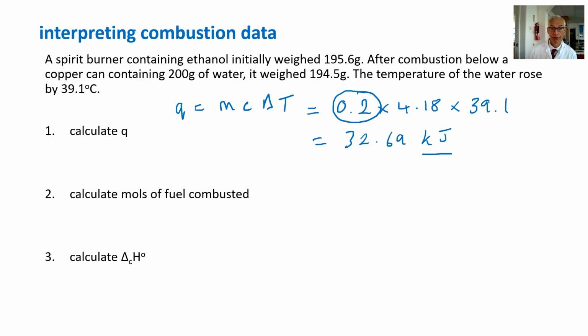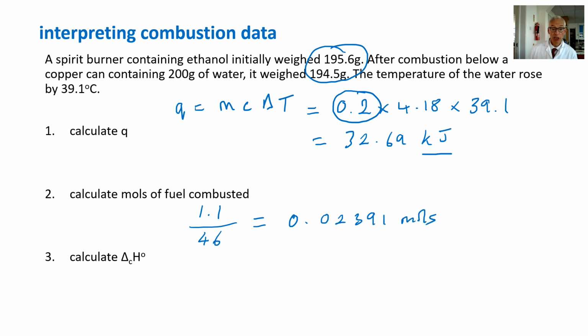Now the moles of fuel combusted, that's the difference between these two figures, 195.6 to 194.5. So that's 1.1 grams of ethanol, which we divide by 46, which is the molar mass of ethanol, and that comes out as 0.02391 moles.